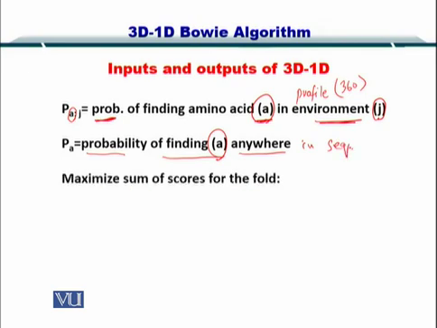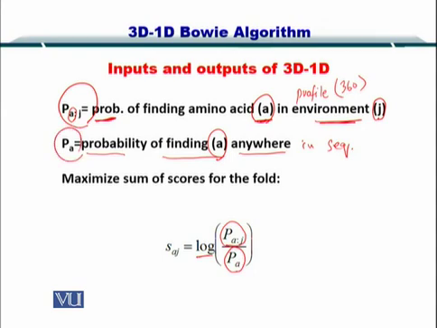Now, using this very simple formula for computing the score, you take a log of the ratio of probability of A given J, that is this one, divided by probability of A, which is given here. If you take a log of this, you will have a score for amino acid A in a given profile or environment J.